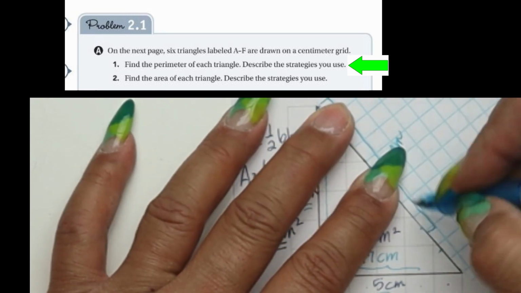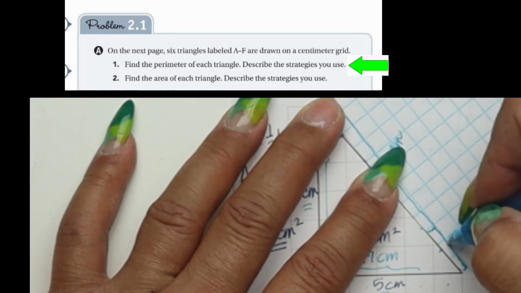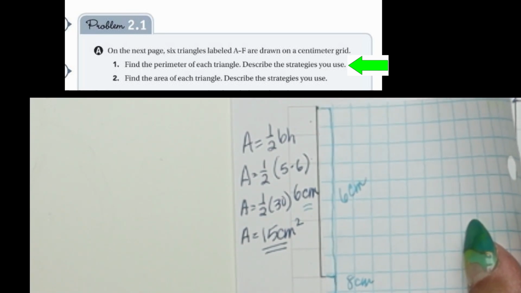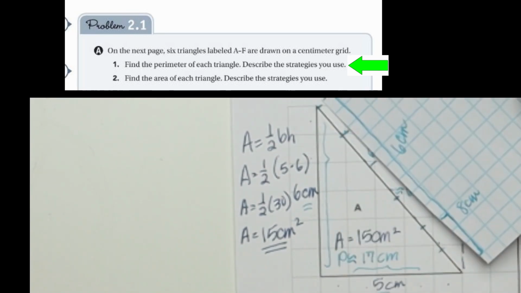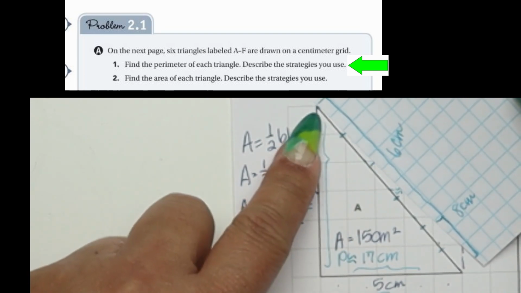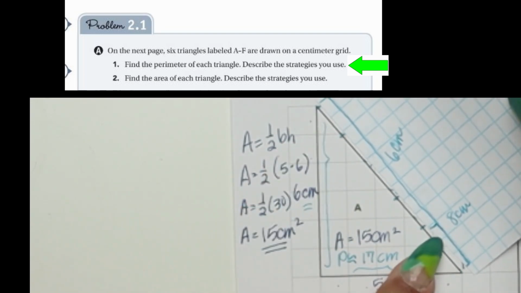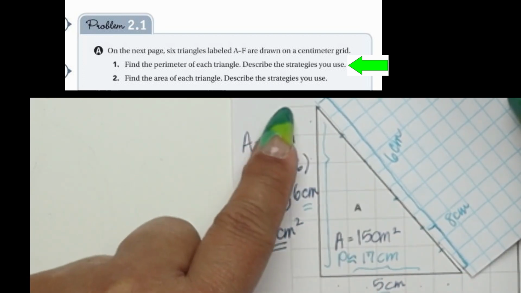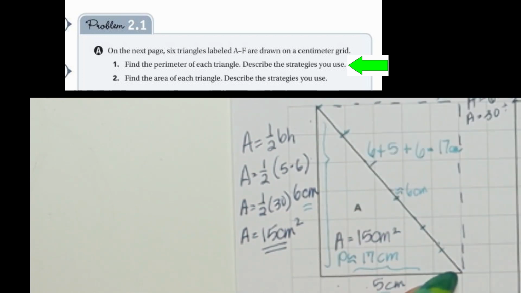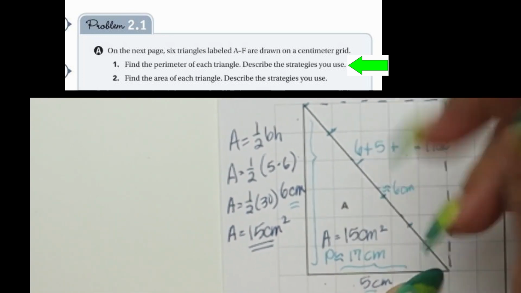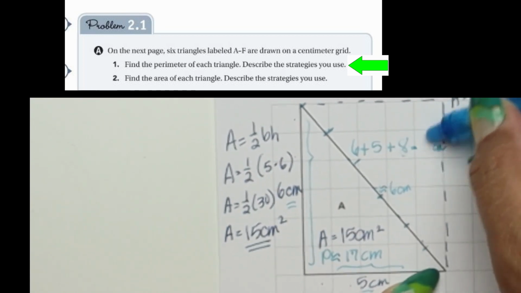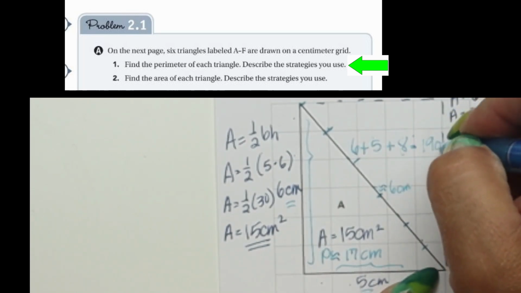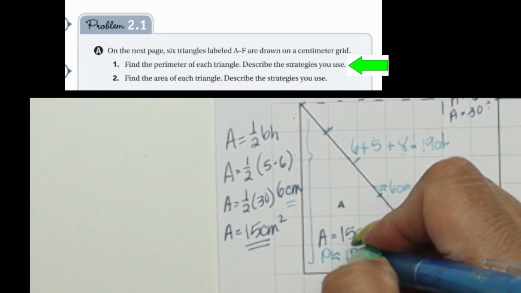So I might be wrong, and maybe it's 8 centimeters, because that's 6 centimeters, and if I use that same distance to measure from the vertex to the other vertex, it's greater than 6 centimeters. So I'm going to change that and say it's 8 centimeters. This diagonal side is actually 8 centimeters. So 13 plus 6 is 19 centimeters. So this is about 19 centimeters.